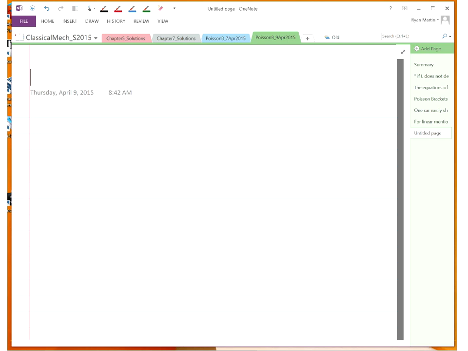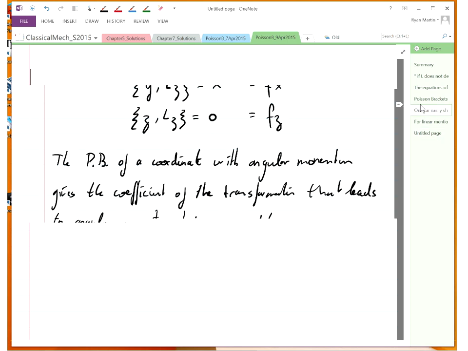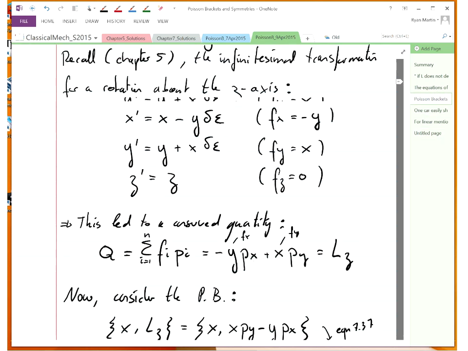If energy is conserved, then the Hamiltonian is usually equal to the energy. If I do the Poisson bracket of something with the Hamiltonian, I expect it's going to tell me something about how that thing transforms under time translation. In fact, we've already explicitly said that, right?